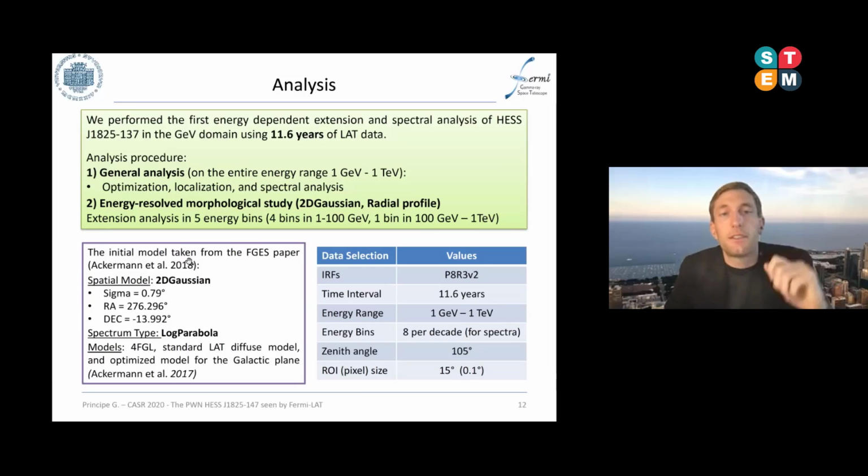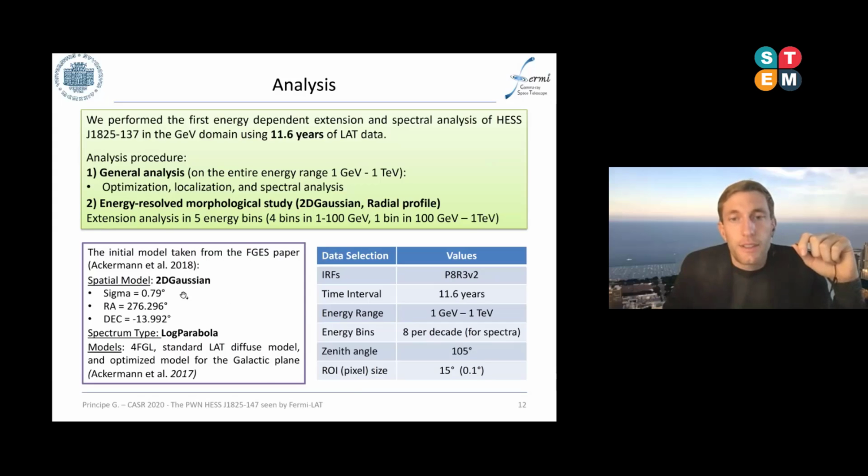We expanded the energy range going down to 1 GeV. And here you can see the parameters that we used in our analysis. If you are interested, Fermi-LAT provides all the data publicly, as well as all the scripts, so it is possible to repeat this analysis using these parameters.